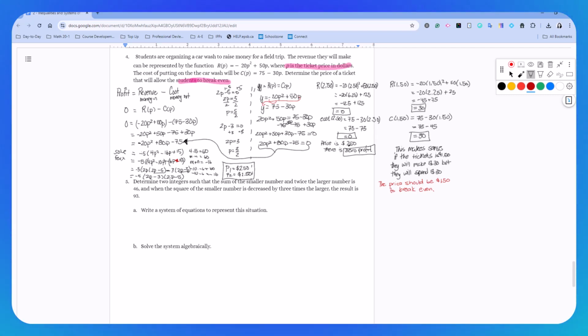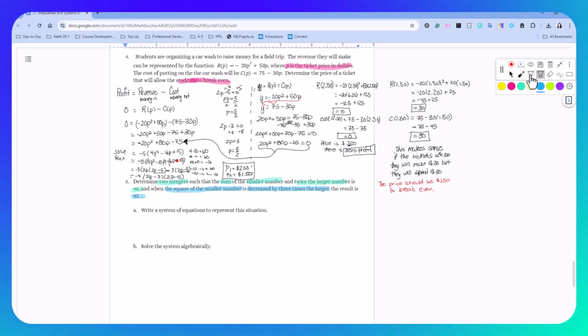Okay, one more to go. Now, another one of these problem-solving type of questions. It says determine two integers who the sum of the smaller number and twice the larger number is 46. But when the square of the smaller number is decreased by 3 times the larger number, the result is 93.